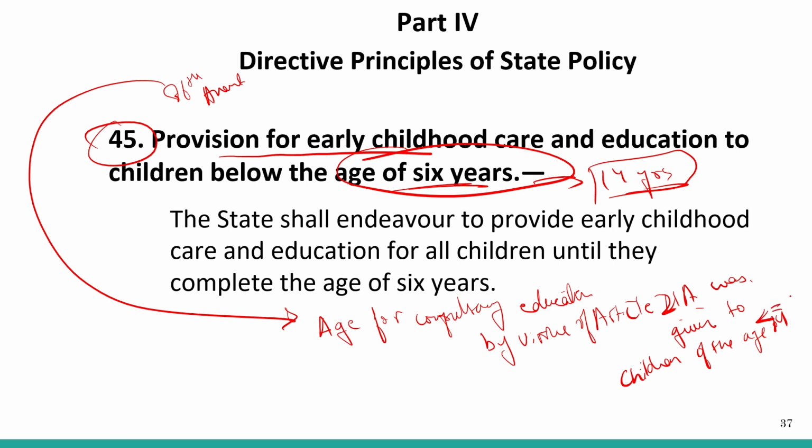So till the age of 14, the government shall endeavor that compulsory education be provided to the children between the age of 6 to 14. Between the age of 6 to 14. So now, starting from 6 till the age of 14, it is a fundamental right.